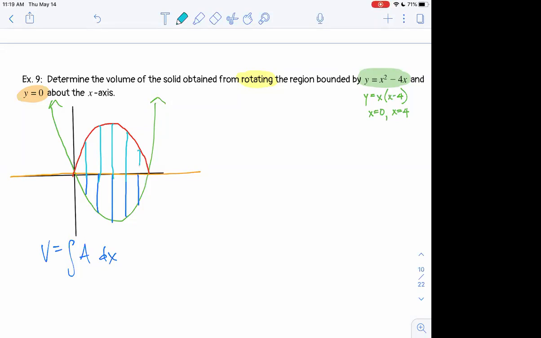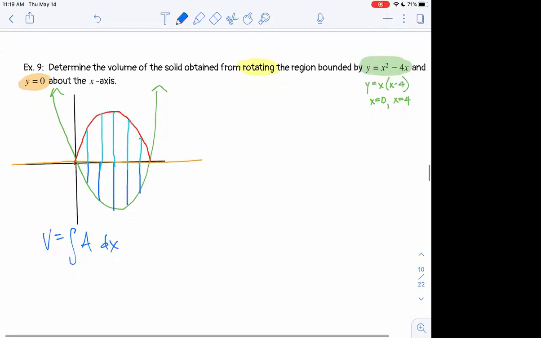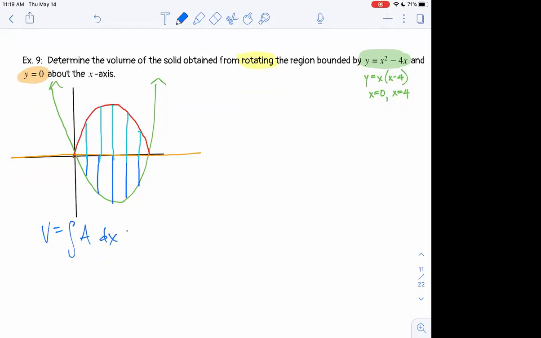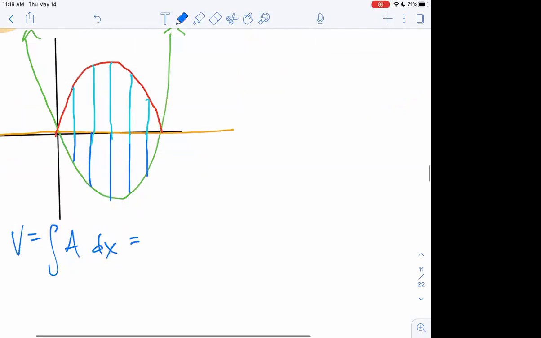Okay, but I can tell that when I'm drawing these reflections, they meet at the orange line. And so therefore I know that this is a solid shape and that there are no holes in the middle. And so what that means for me in my equation is I can think about this as the integral of pi radius squared dx. Okay, so I don't need a big r squared minus little r squared. I just need the little r squared.